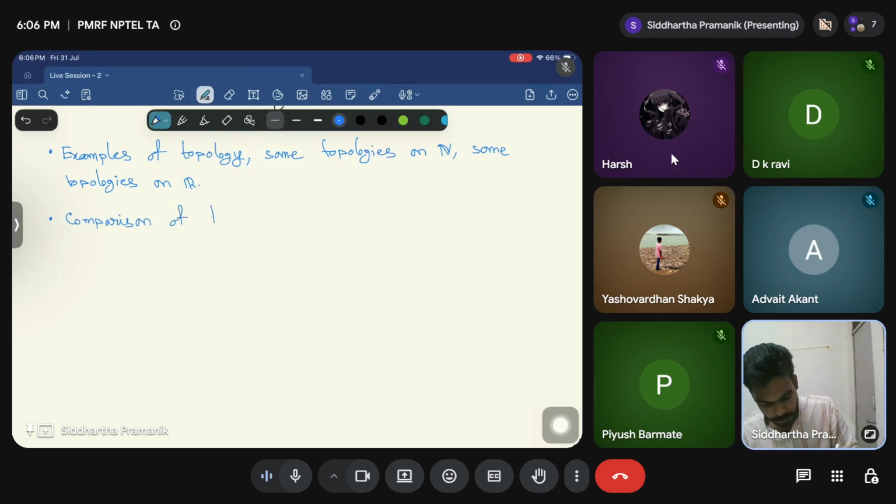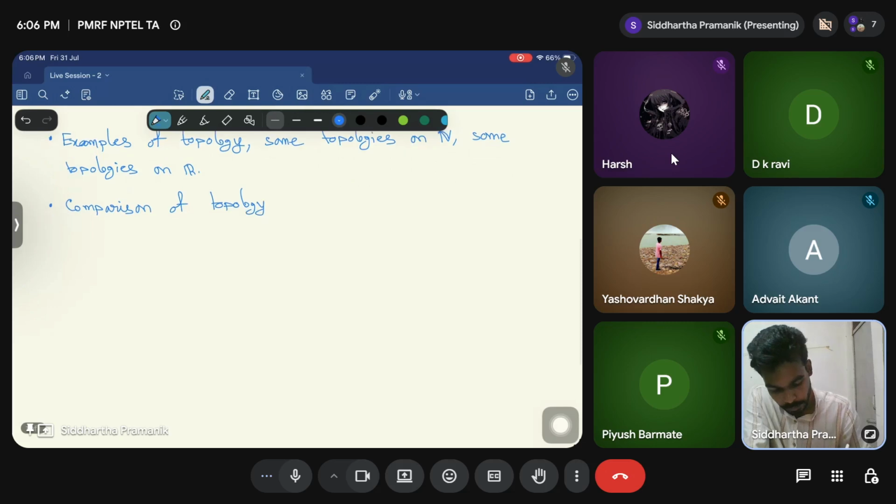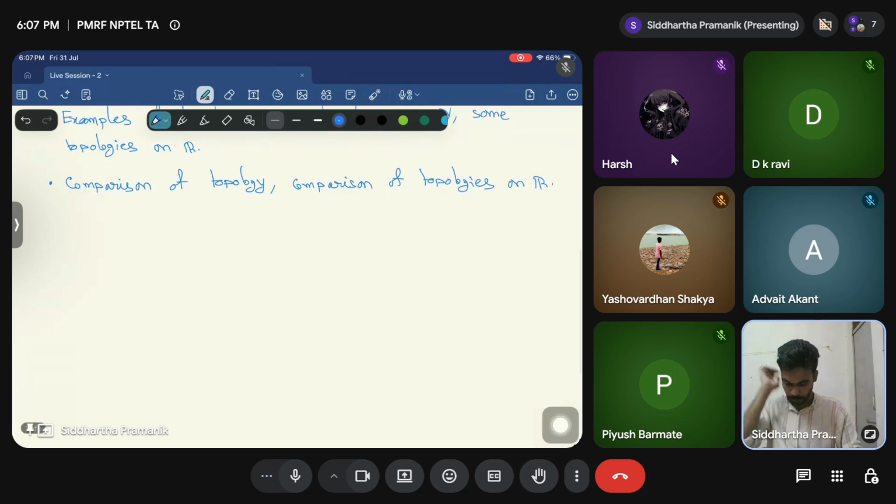So comparison of topologies, basically which one is finer and which one is coarser, or in other words, which one is smaller or which one is bigger, and particularly comparison of topologies on the set of all real numbers.